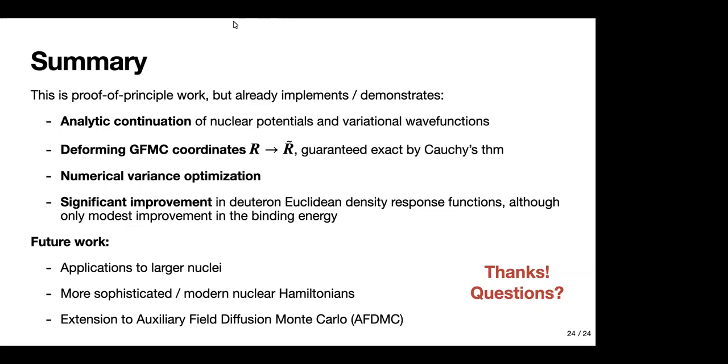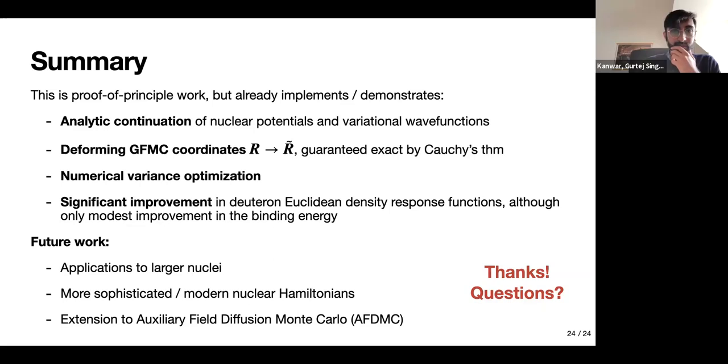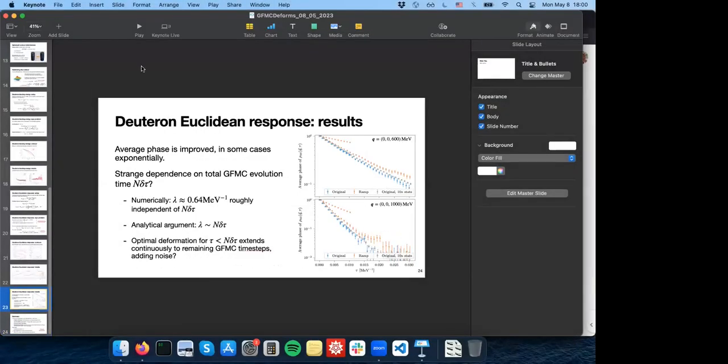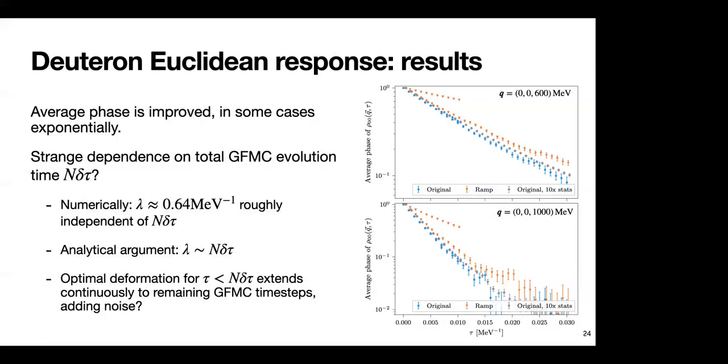Okay. If I can check if I understood something on the previous slide. This demonstration that the sign problem can be improved more if you have a shorter time extent.